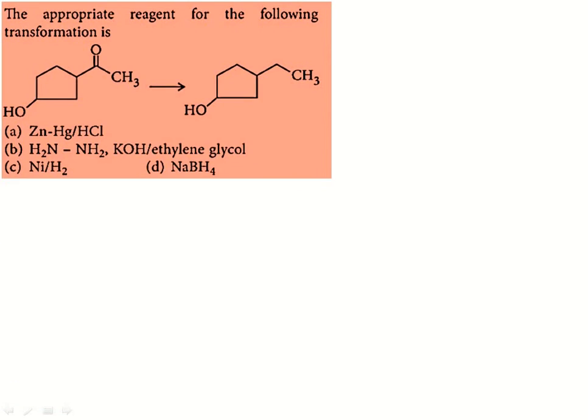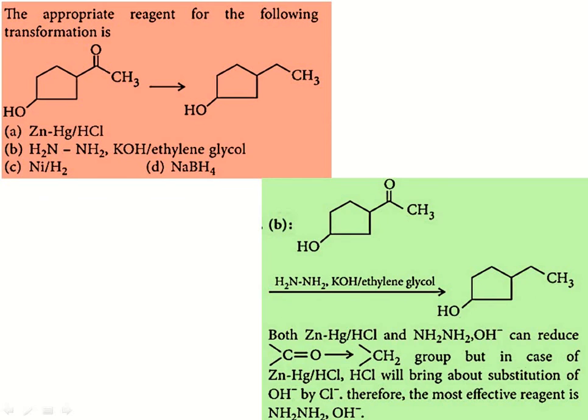Next one. The appropriate reagent for the following transformation is. So here, the ketonic group is converted into a hydrocarbon. So we can use the Wolff-Kishner reaction. In that reaction, we will use hydrazine with hot KOH in ethylene glycol.